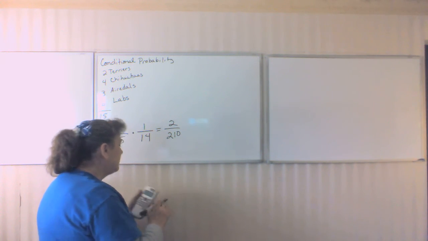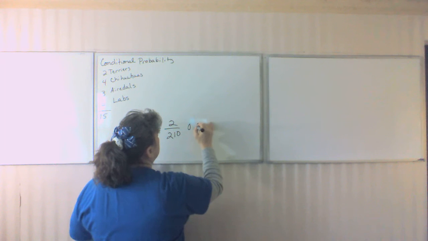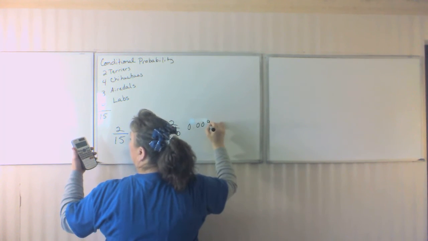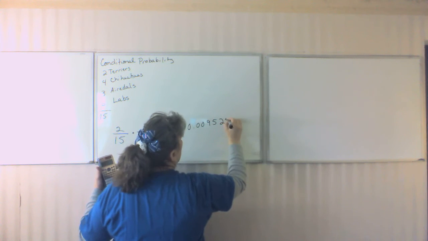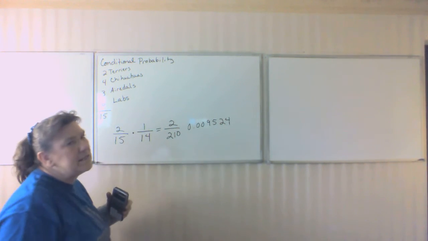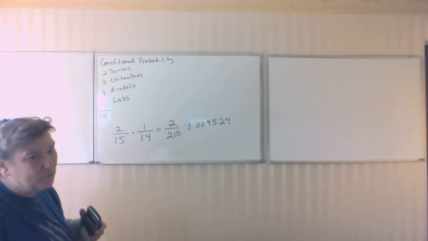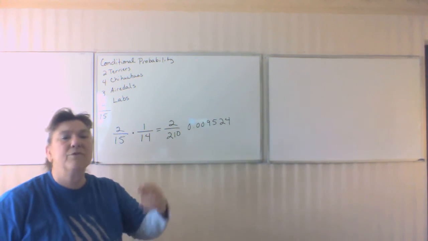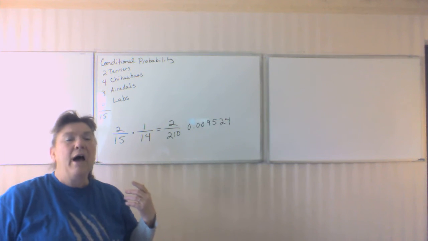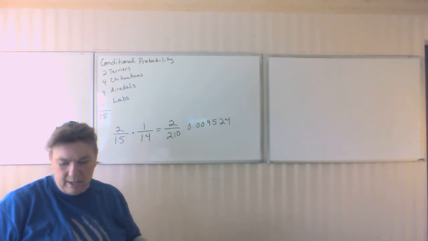The chance that this is going to happen is 0.00954. So that's a pretty small chance, less than 1% chance that both of those 2 little boys are going to draw a terrier out of that pen, okay?